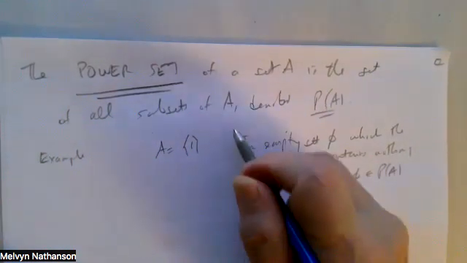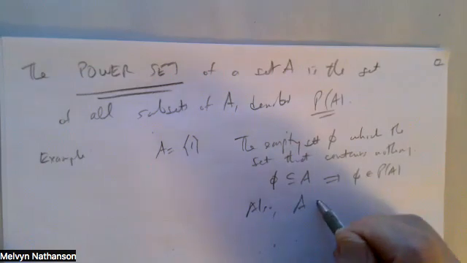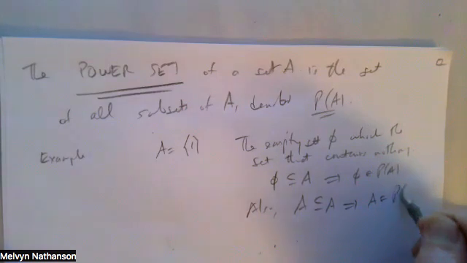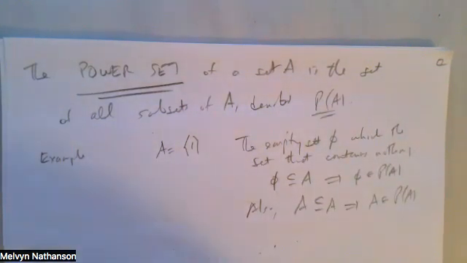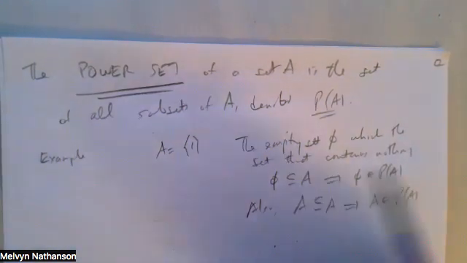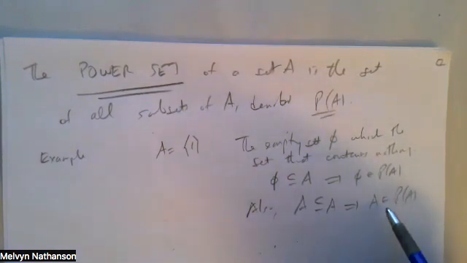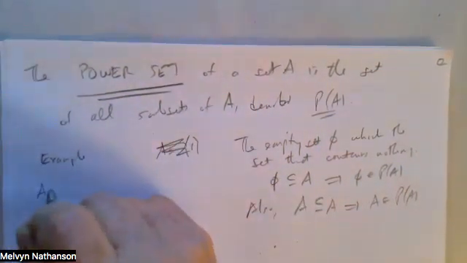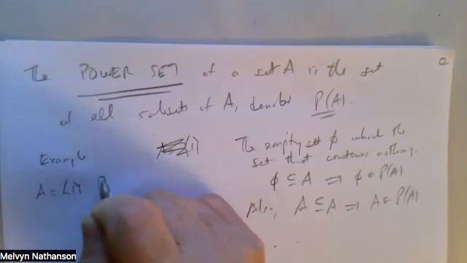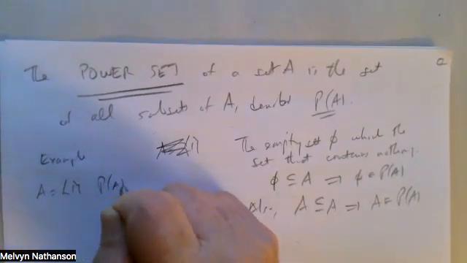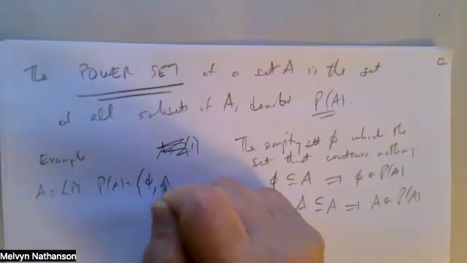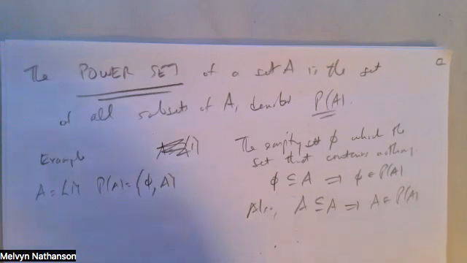These are two basic remarks. Also, every set A is a subset of itself. So A is in the power set of A. So if you take any non-empty set A, its power set always includes the set A itself and the empty set. So if I take A to be the set consisting of just 1, the power set of A always contains the empty set, it always contains itself, and there's nothing else it could contain.